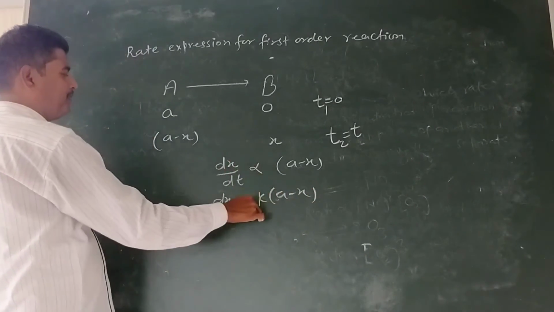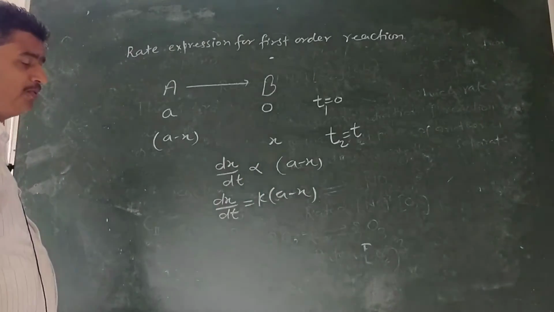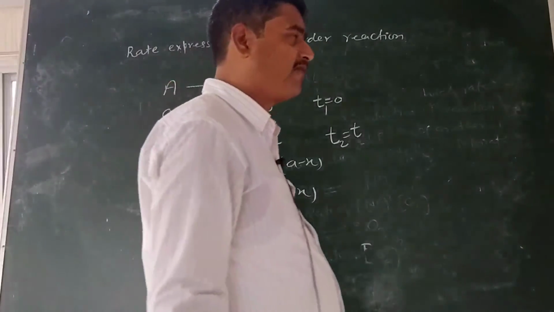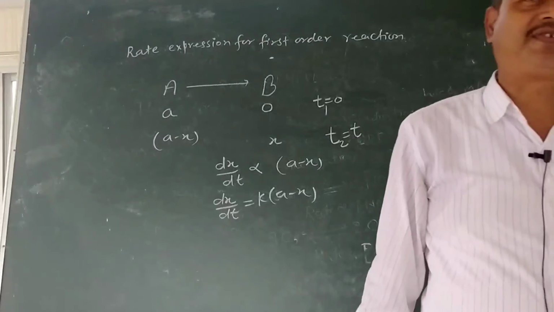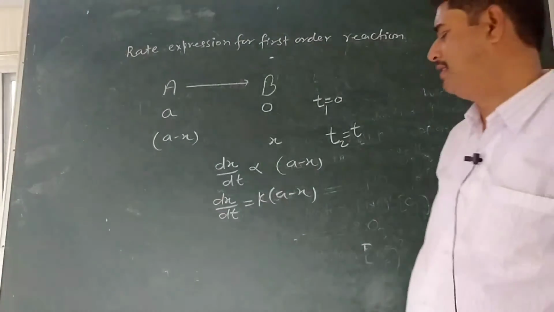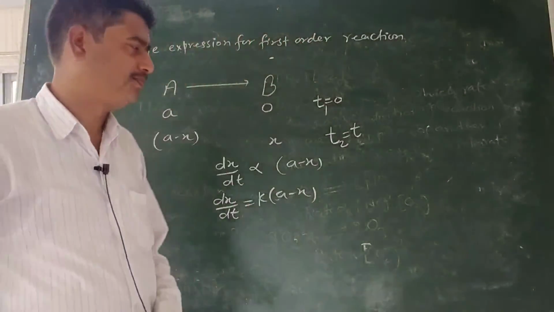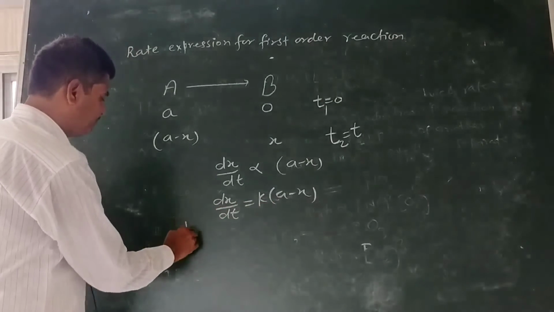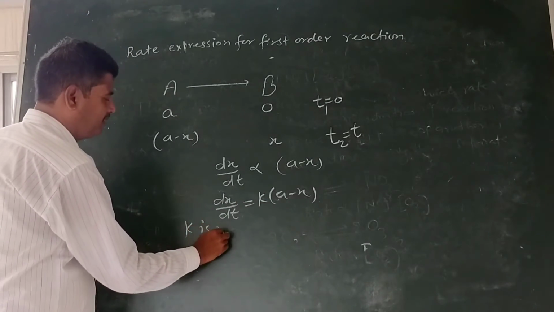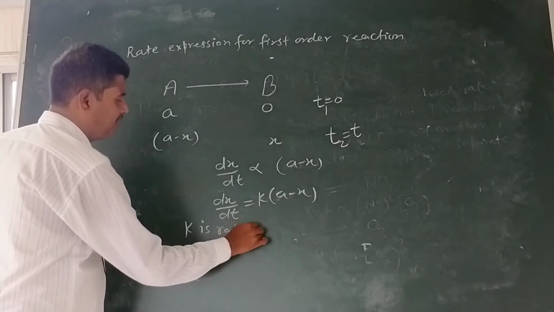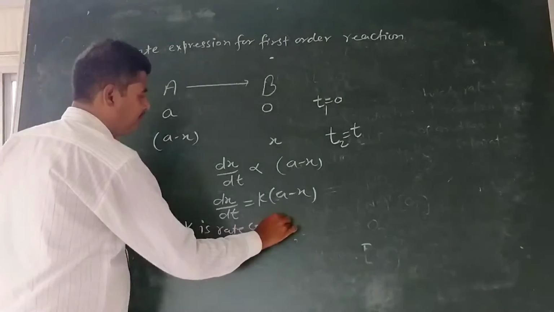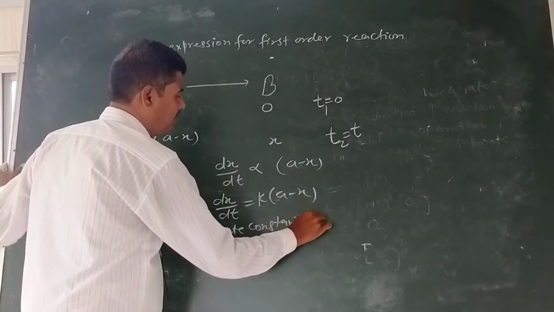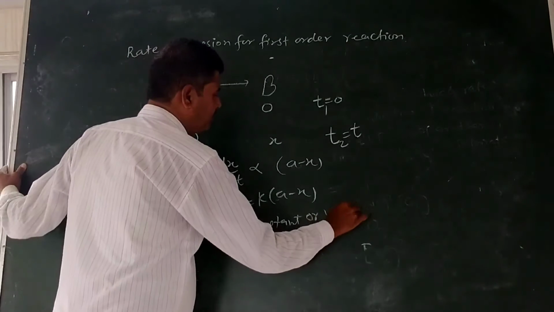Here k is the proportionality constant known as rate constant or velocity constant.